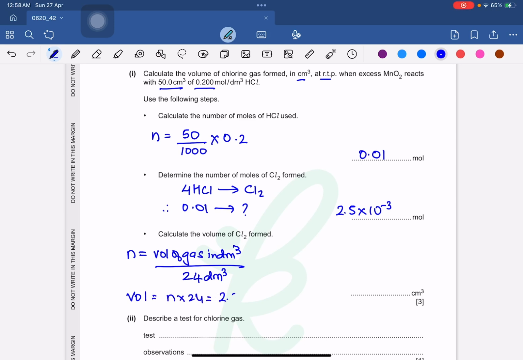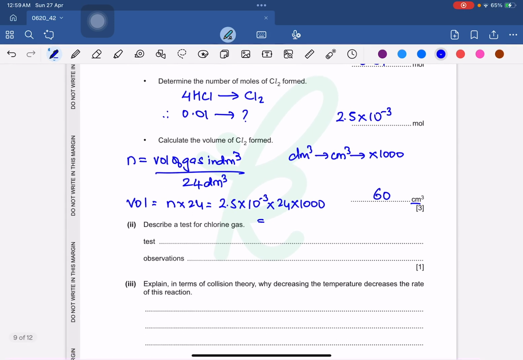So for this, it will be 2.5 × 10^-3 times 24, and that will be times 1000 because we need to find the answer in cm³, and the conversion from dm³ to cm³ is times 1000. So the final answer comes out to be 60 cm³.